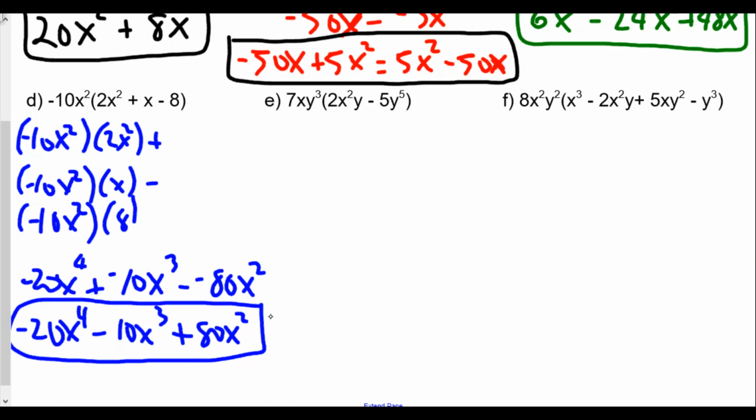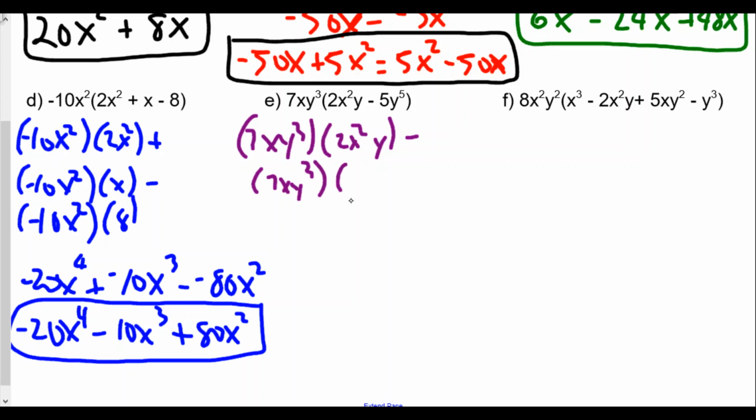Okay, for letter E, we have 7xy to the third times 2x squared y, minus 7xy to the third times 5y to the fifth. We multiply, and 7 times 2 is 14.